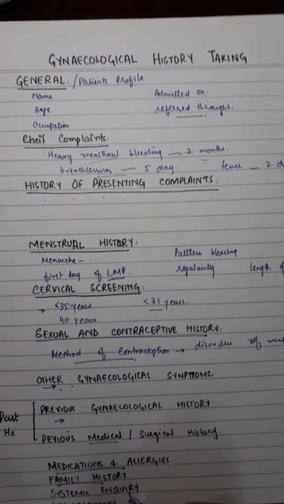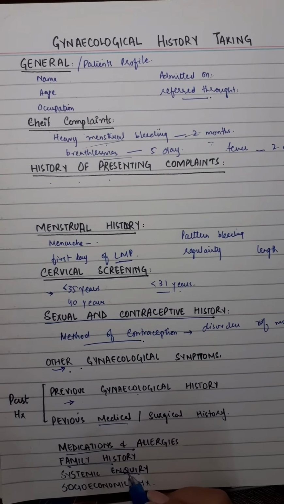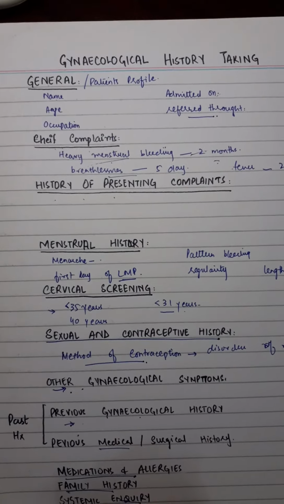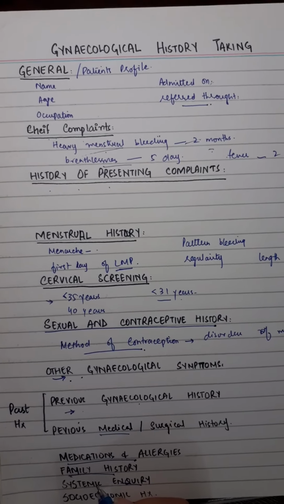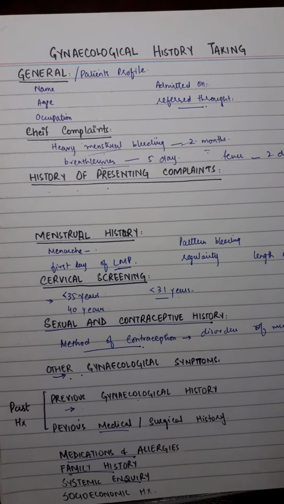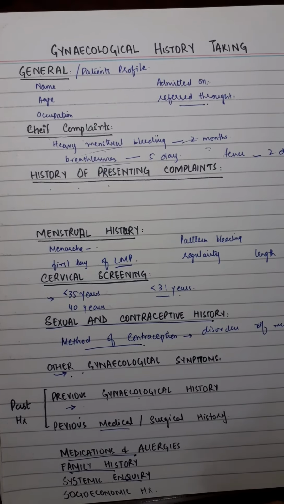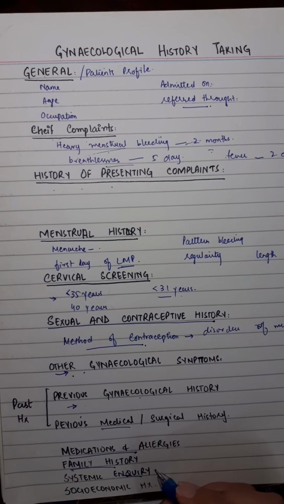The systemic inquiry can also be asked in the history of presenting illness, but it's okay to ask at the end as well, so that you cover each and every system, and you do not miss any other symptom or any other specific sign that you were looking for. And it also helps you to gather as many differentials as you can and narrow them down, so that you can particularly go for examination of a specific system.